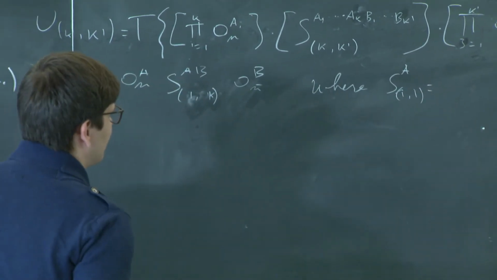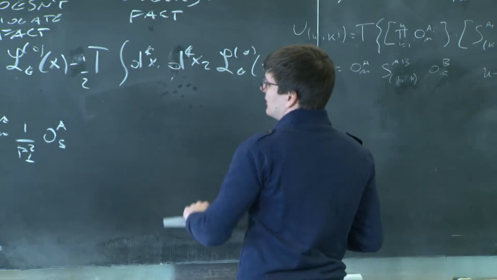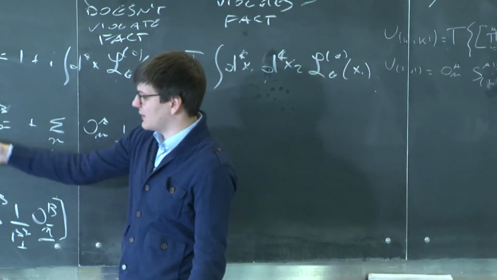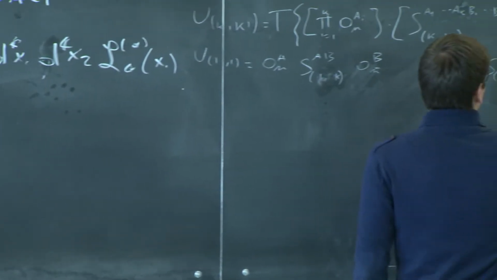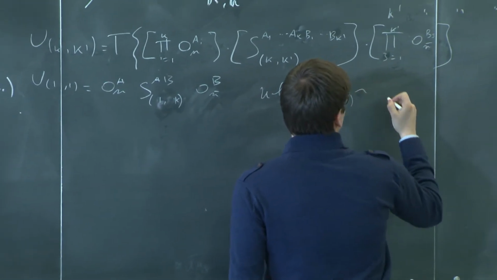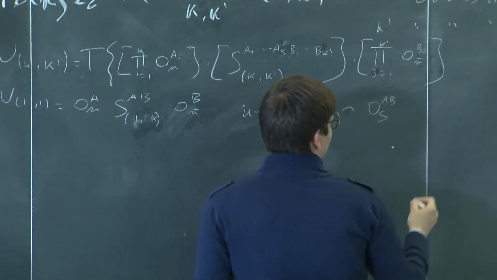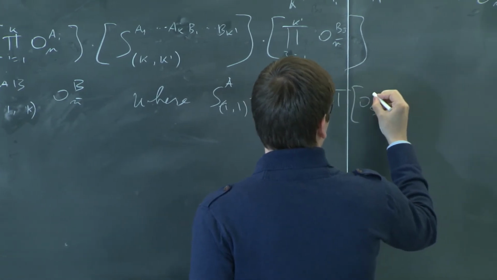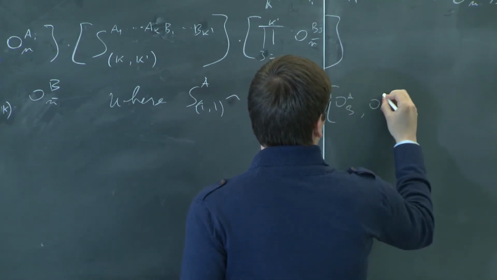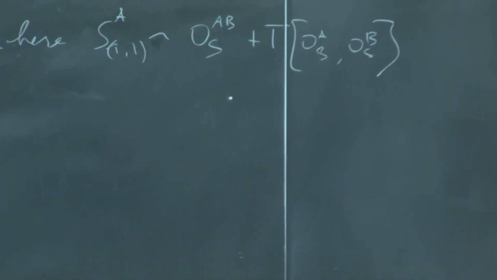Is it going to contain both the contribution from a single insertion and also from a T product of two insertions? That's exactly related to the argument I was making before. So this is going to be something that goes like S_AB plus the T product of O_S A, O_S B. Okay?